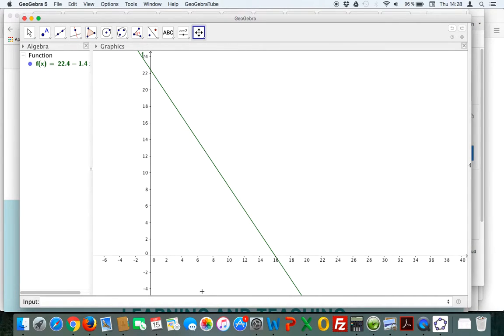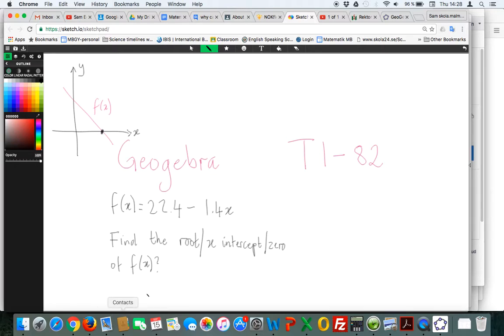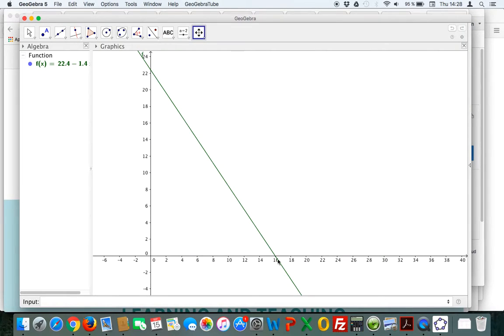So how do I solve? I wanted to solve this problem, find the root or the x-intercept or the zero. Well, now that I have graphed the function, I can see clearly that the x value where it crosses the x-axis is 16. There's also another way to solve that using GeoGebra, and that's by typing a function down here in the input window.